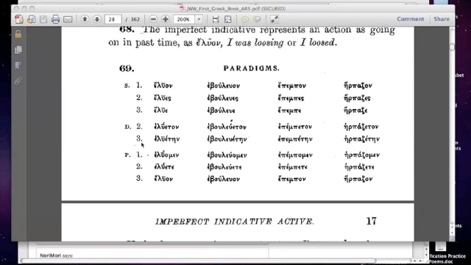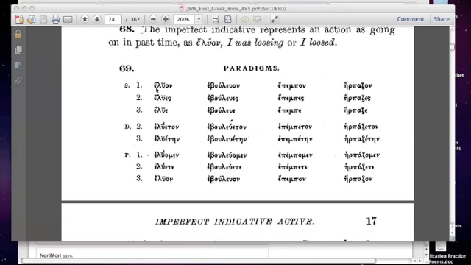All right. The first column here is a breakdown of the different conjugations of the verb luo. And in its root form, it's spelled lambda, upsilon, omega. Look at what happens to this verb, though. We'll take first person singular right here.